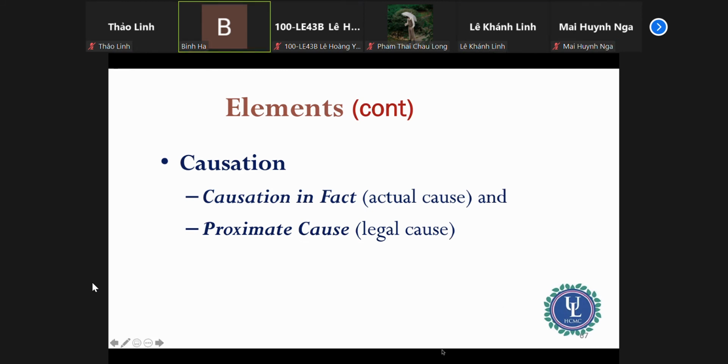Sure, please. So, in my opinion, that situation will lack proximate causation because the harm that happened in this case was not foreseeable.